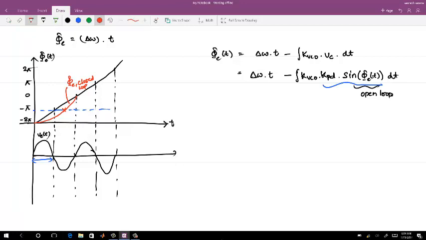Now this phase error acts as the argument of the control voltage which is fed in the closed loop form. If this is the new time instant where the phase error becomes pi, then I will have something. This will surely not be a sinusoid.